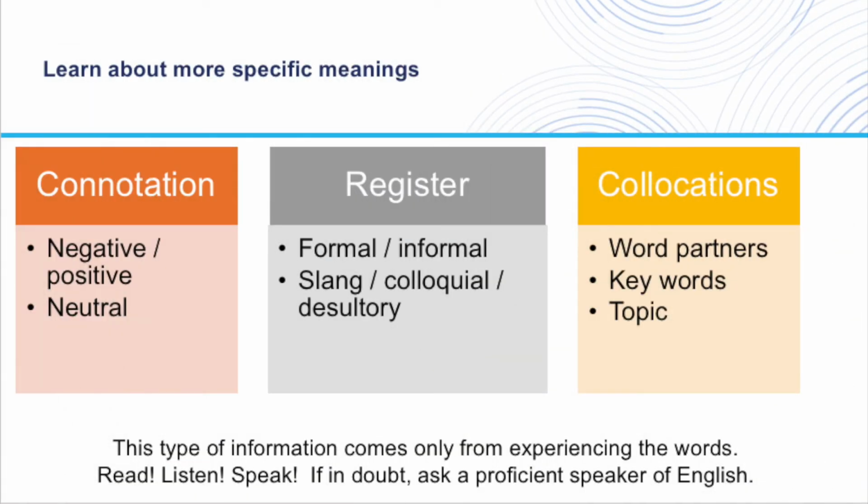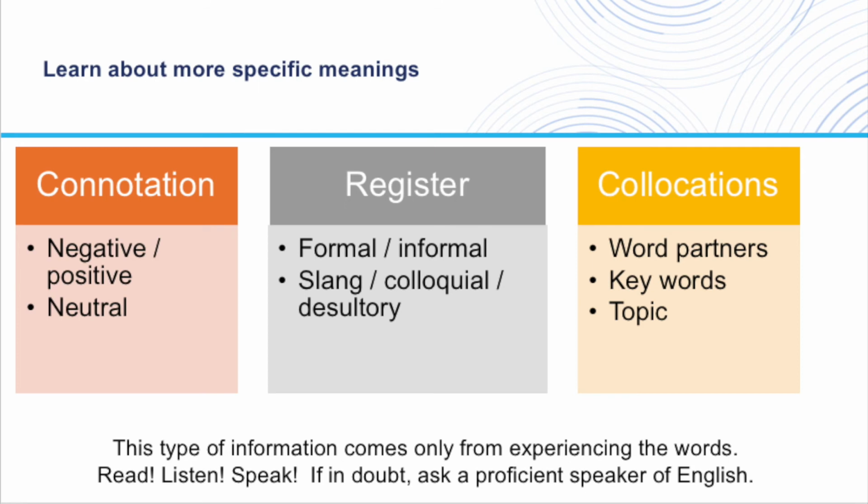Look at the chart. Some of these words you have seen before and some you have not. Let's look at them more closely. Connotations are the feelings that the word gives you. Positive, negative, neutral. Register. You have not heard this word before, but it means the level at which you are using the word.